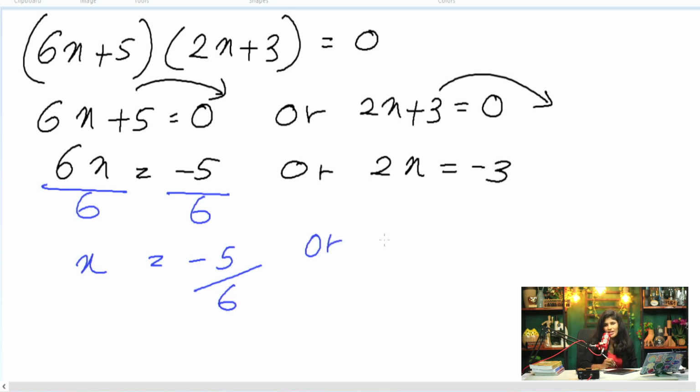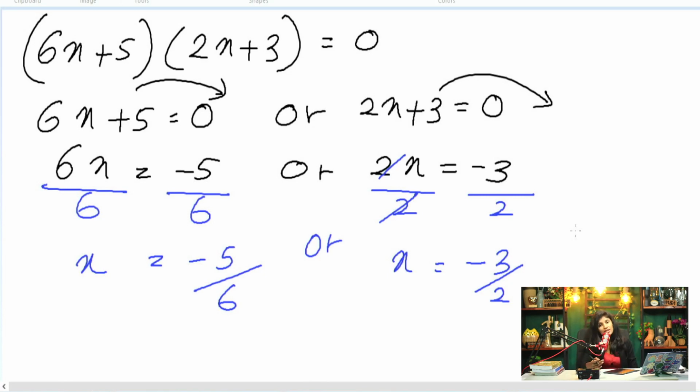You can keep the fractional answer or you can convert that value into a decimal. It's your choice. Dividing both sides by 2, 2 and 2 cancel out, x equals negative 3 over 2. You can't keep an improper fraction as the answer. Either you can write the decimal answer or convert it into a mixed number. The decimal answer is negative 1.5.